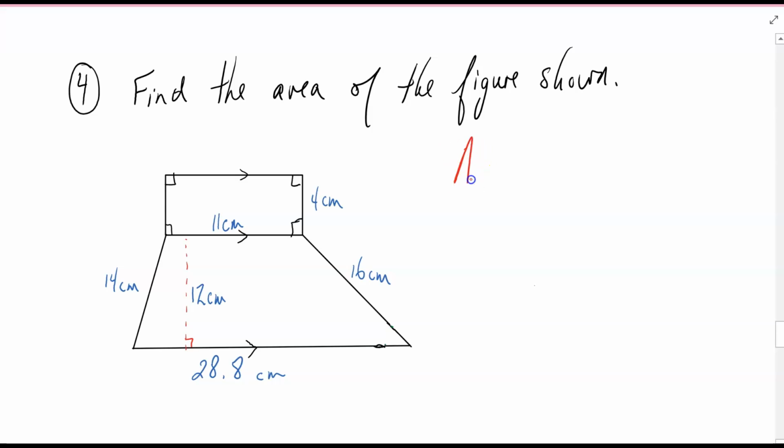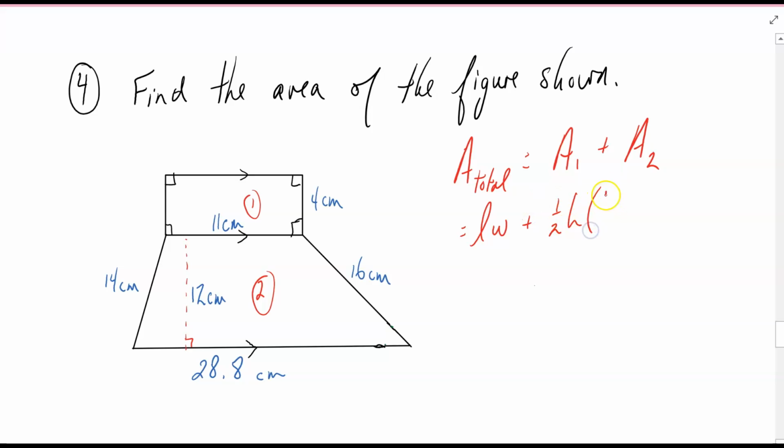Okay, so the total area is equal to area 1 plus area 2. This will be area 1, this will be area 2, which is equal to length times width plus, for the trapezoid, 1/2 height, B1 plus B2.